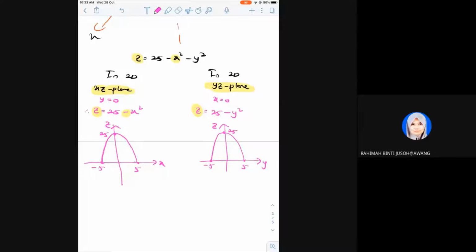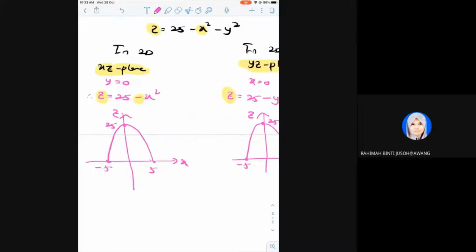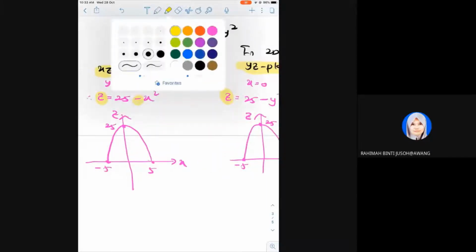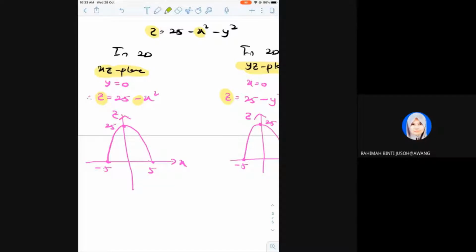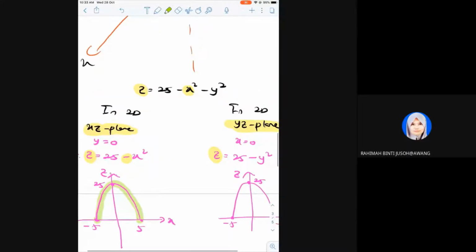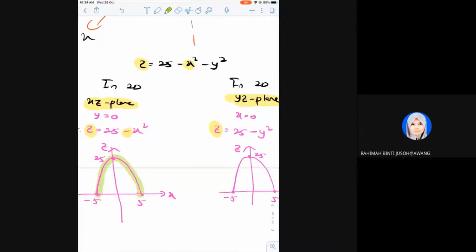Okay guys, let us focus one by one. Look at the first graph. This line, I'm going to use this green color. I want to transform this line into the 3D axis. You see here we have x positive 5, x negative 5.